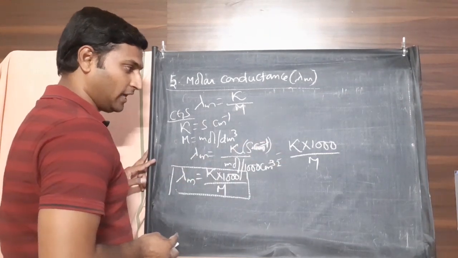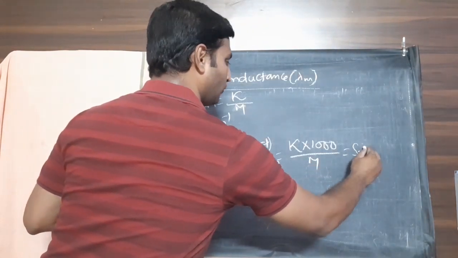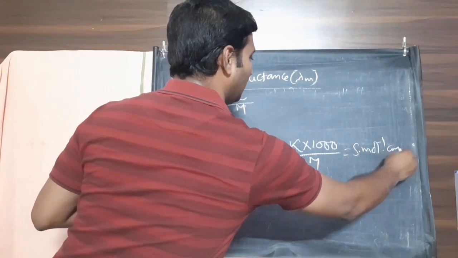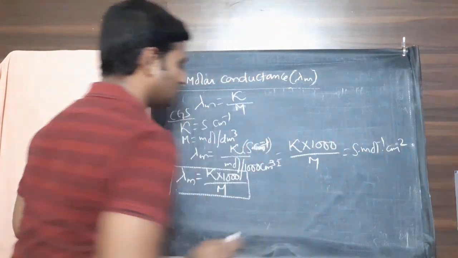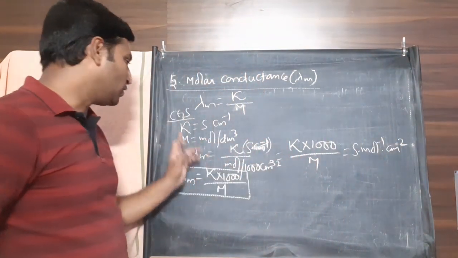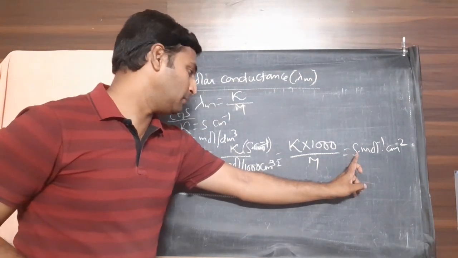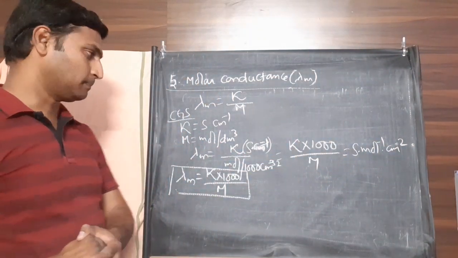So centimeter square inverse it is going to be. So Siemens mole inverse centimeter square. So the units of molar conductance in CGS units will be Siemens mole inverse centimeter square. Okay.